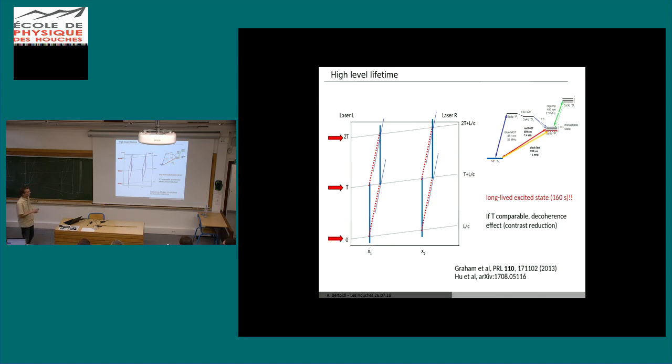So what you have at the end of the day is a loss of contrast of the interferometer. You will not really move the phase, because this atom will be just lost. But if you start making, for example, in a satellite configuration, a 200 seconds interrogation time, you will have not many atoms remaining.